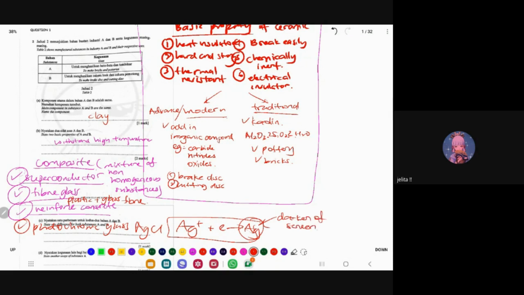You all learn something? Yes. Lithium barium copper oxide. Superconductor is made from yttrium, barium, copper oxide. YBCO, sorry.